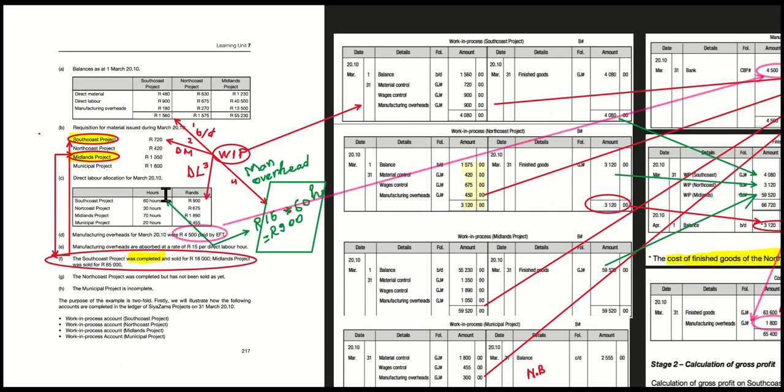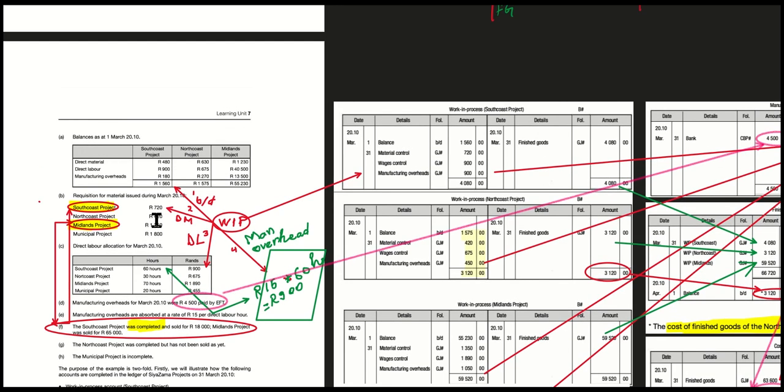We can see that there is South Coast project, there is the North Coast project, and there is the Midlands project, right? And we have our three musketeers waiting for us there: direct material, direct labor, manufacturing overhead. This gives us quite a good picture, right? And a semblance of a total cost there for the different projects.